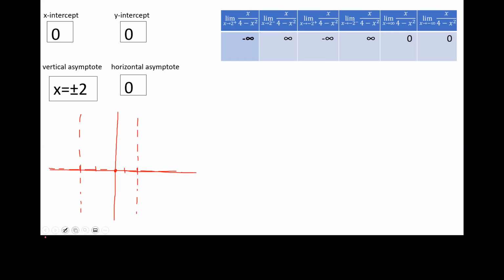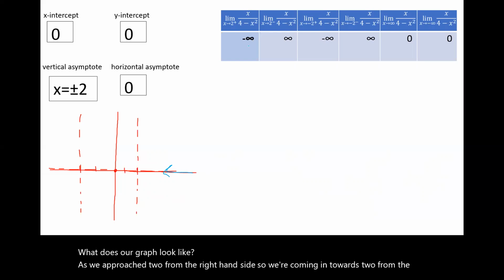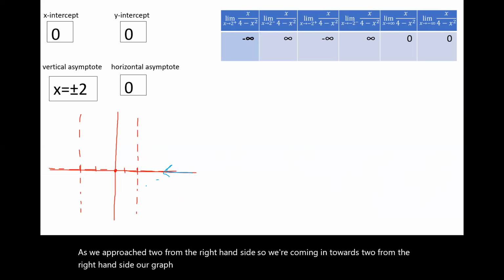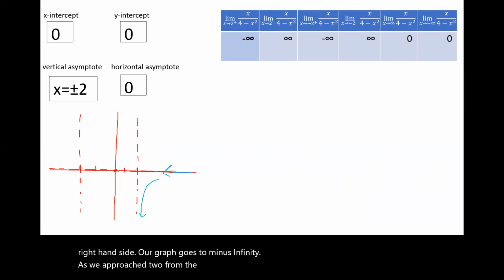Okay, what does our graph look like? As we approach 2 from the right-hand side, so we're coming in towards 2 from the right-hand side, our graph goes to minus infinity. As we approach 2 from the left-hand side, our graph goes to positive infinity.